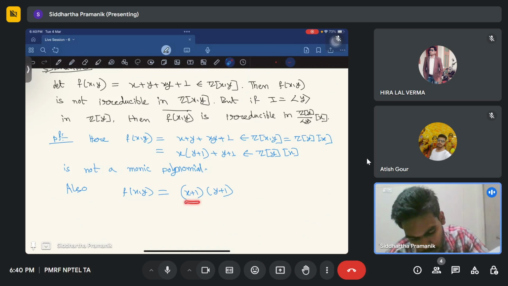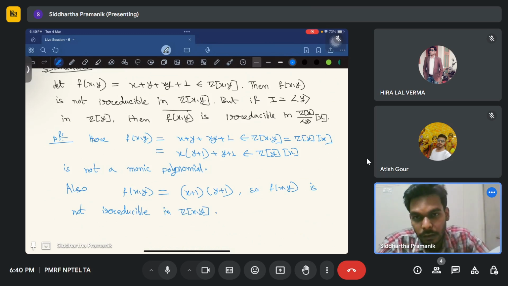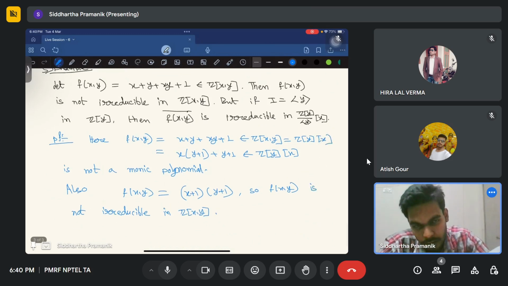So this is a product of non-zero non-unit elements. So f(x, y) is not irreducible in Z[x, y].